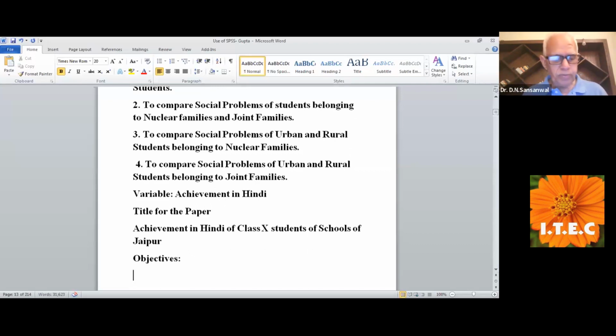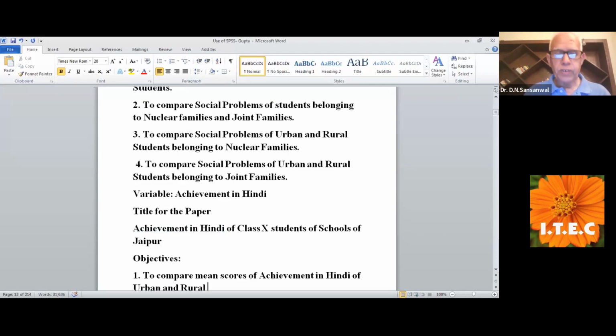I can write the objective like this: to compare mean scores of achievement in Hindi of urban and rural students.